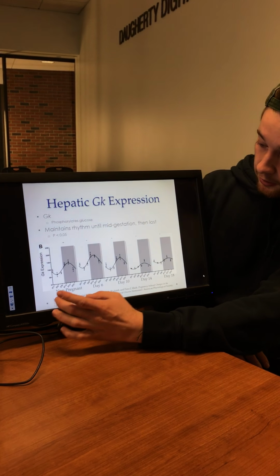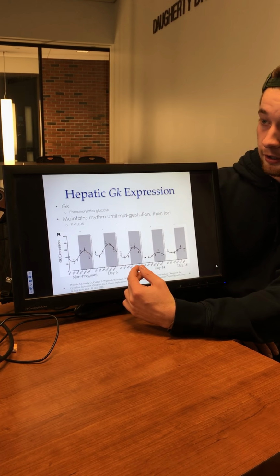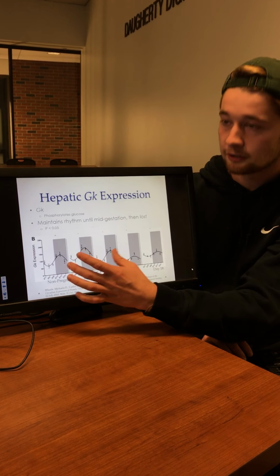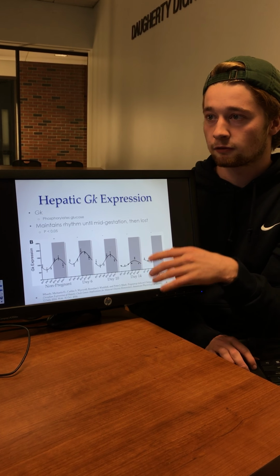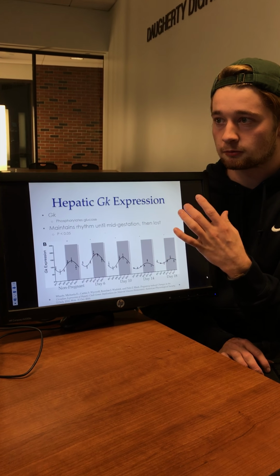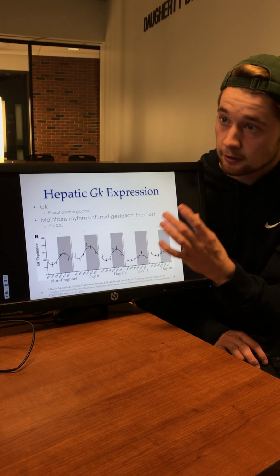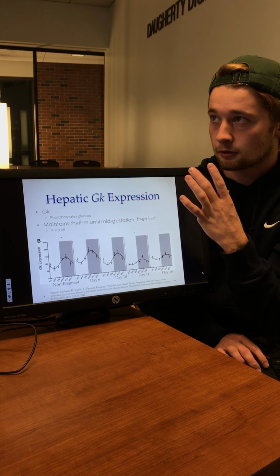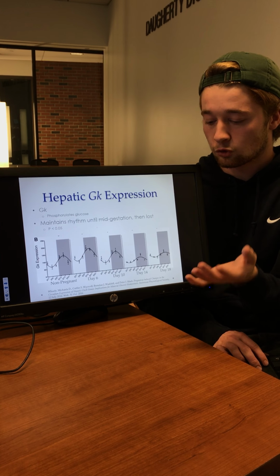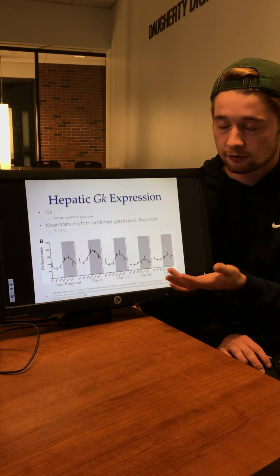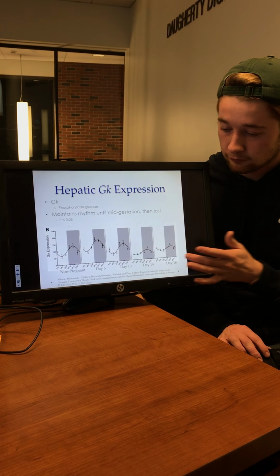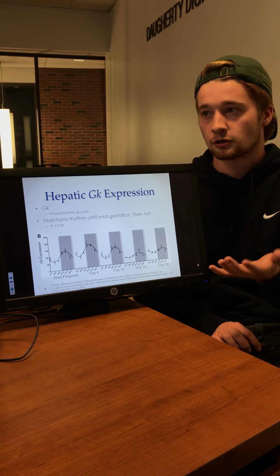So we see here in the non-pregnant, day 6 and day 10, a decrease in the amplitude. However, we see something different in the next part of that mid-gestation period. We see a turn away from the normal rhythmic pattern, and we see a consistent, statistically significant, consistent expression of this protein.